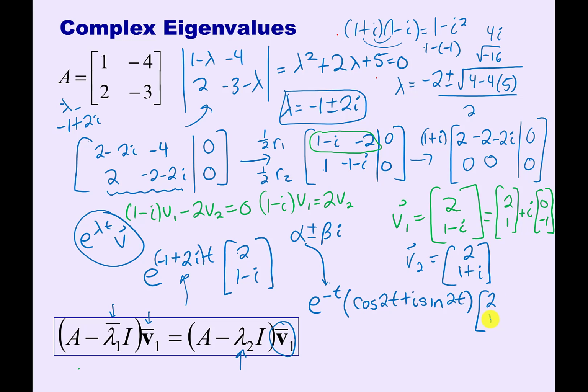So here was the real part, and then plus the imaginary part. So what this is going to involve is it's going to need to be FOILed. We have two terms here and we have two terms here. We're going to go on the next slide to look at that.